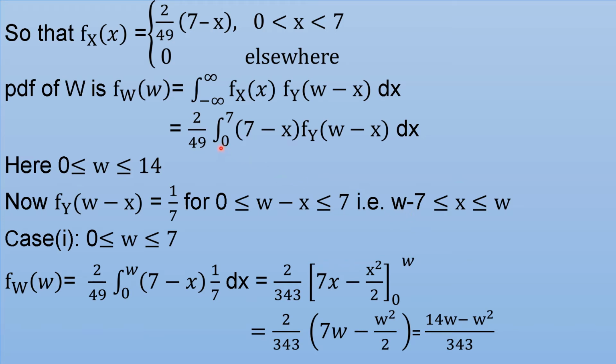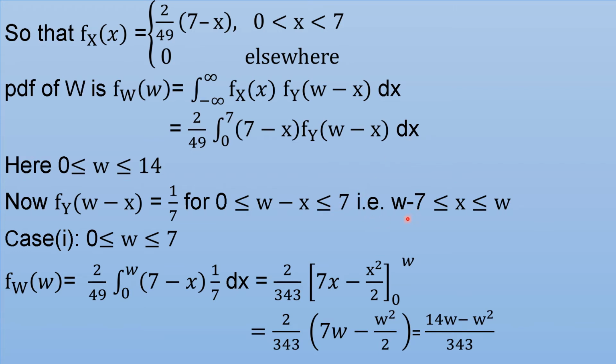Here the integral starts with the 0. X will be greater than or equal to w minus 7, and w minus 7 value lies between minus 7 and 0. If we take negative values, then x should be greater than or equal to this, but in the integral x starts with the 0. Interval for x is 0 to 7. So x cannot take negative values.